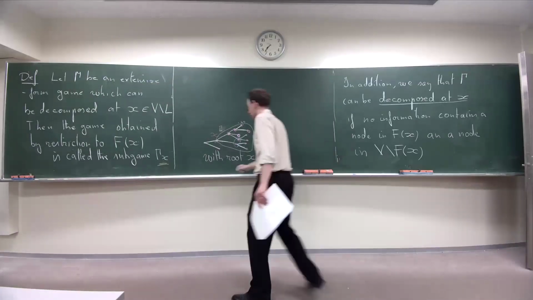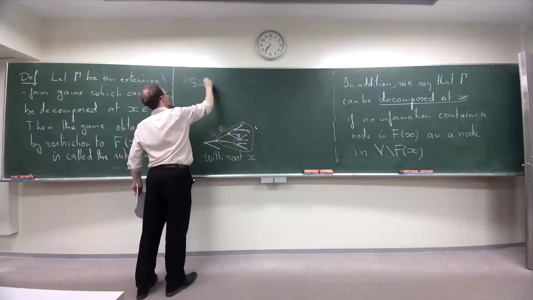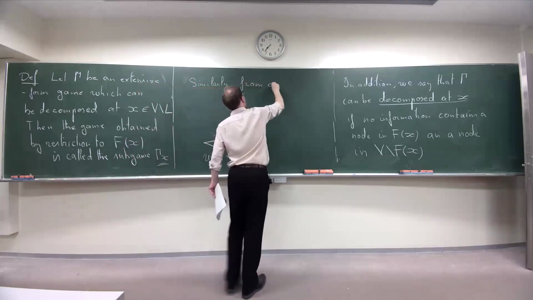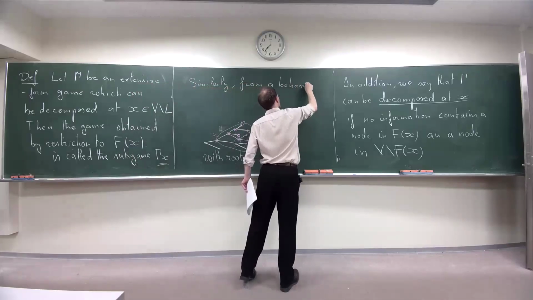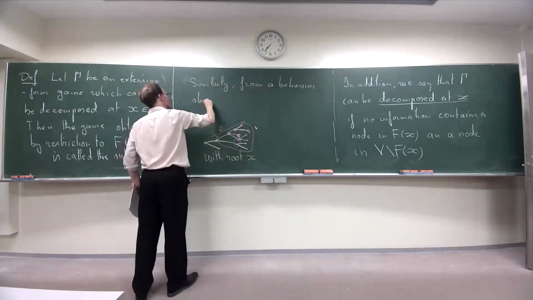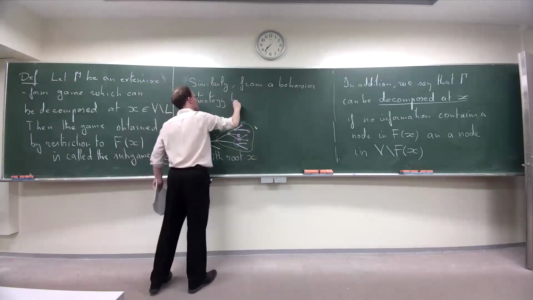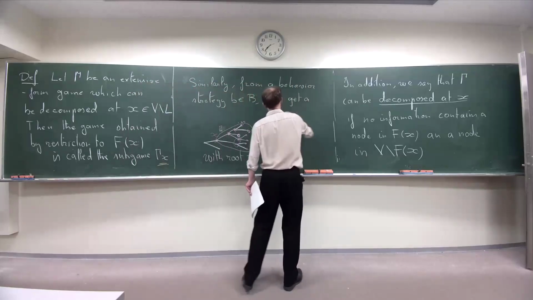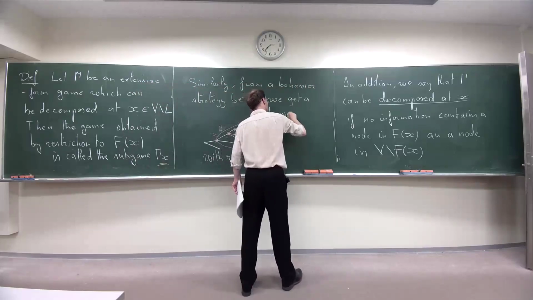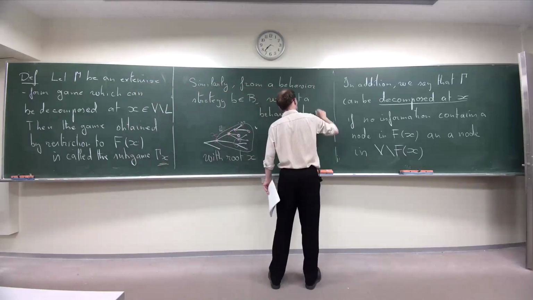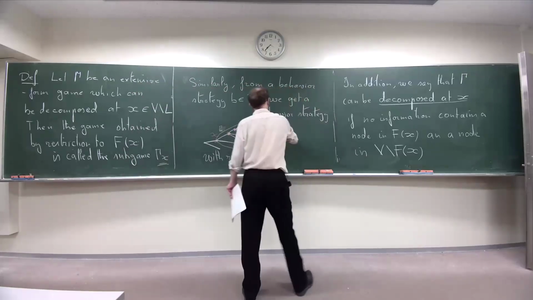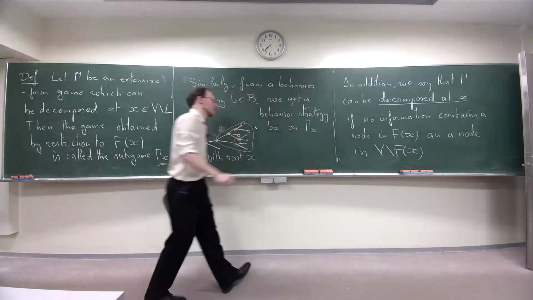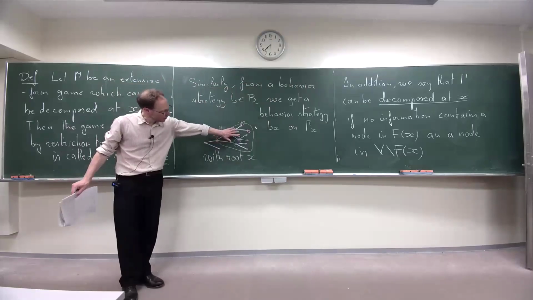So similarly, from a behavior strategy B in this set, we get a behavior strategy, which I'm going to denote BX, on gamma X. Because remember, a behavior strategy gives you some numbers on all edges.